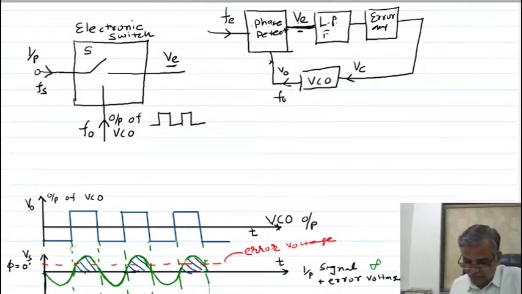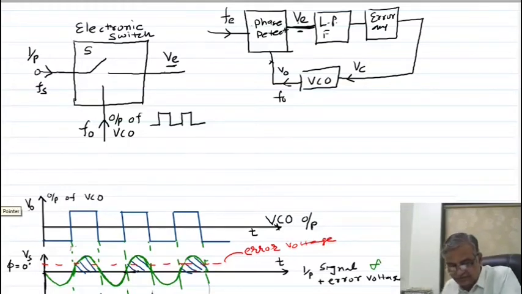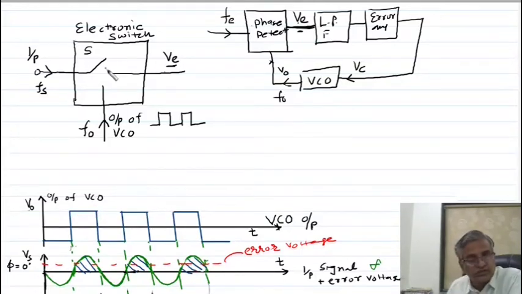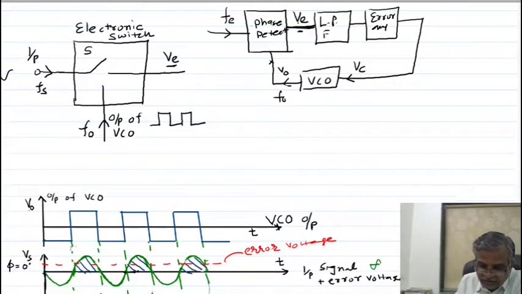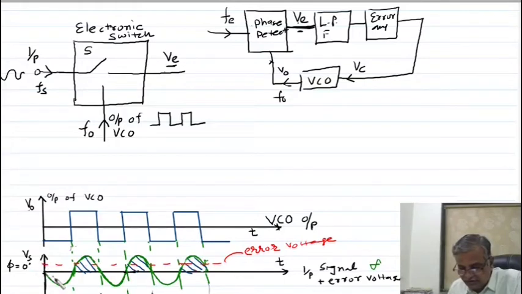Listen again: during the positive half of the waveform coming from the VCO, the switch is closed. So the phase difference between FS and FO is 0.